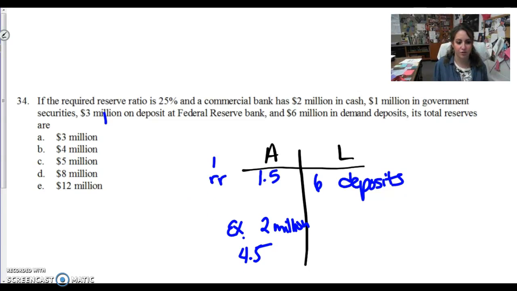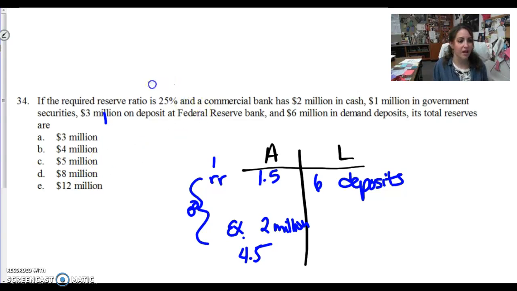Yes, there's $1 million in securities, but we're just looking at reserves and not what's in securities. So in reserves right now we have 8 million, and that's why 8 million is an answer choice.